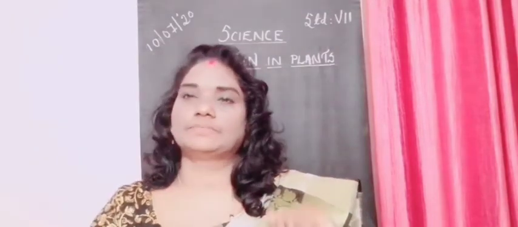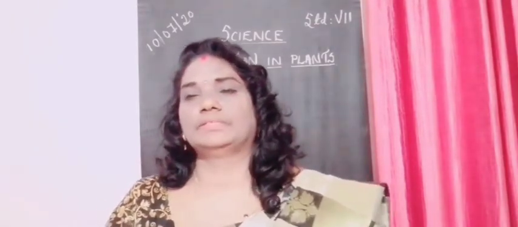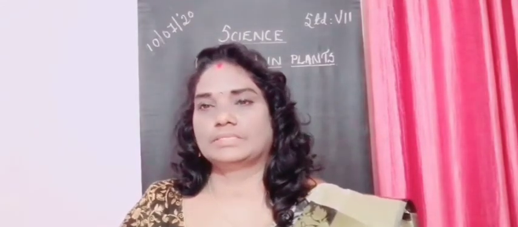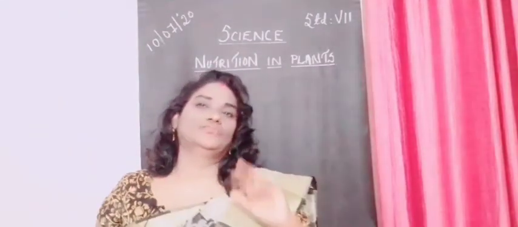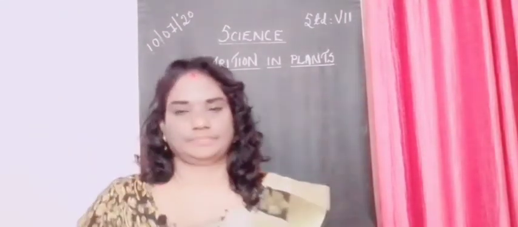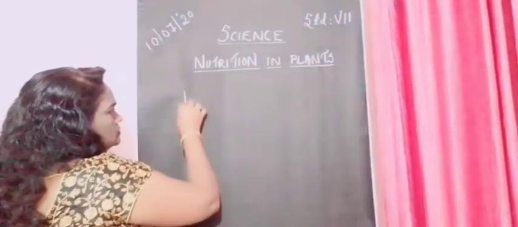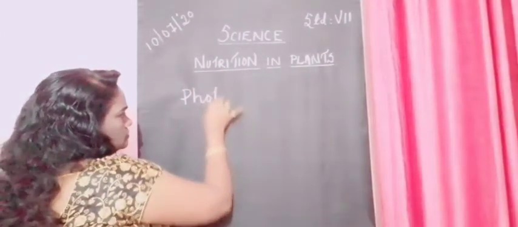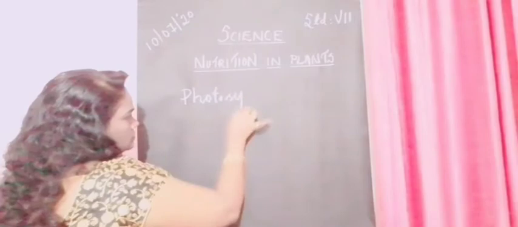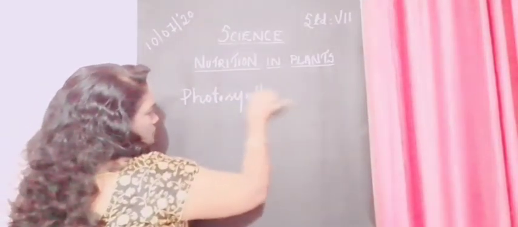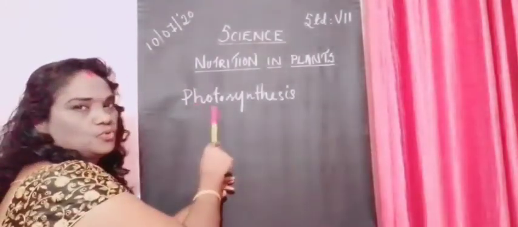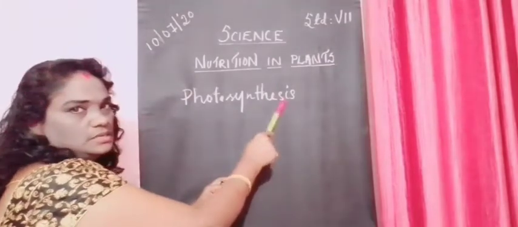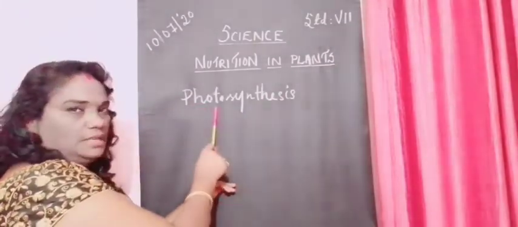So the process by which plants prepare this food is known as photosynthesis. What is the process called? Photosynthesis. Photo means light.